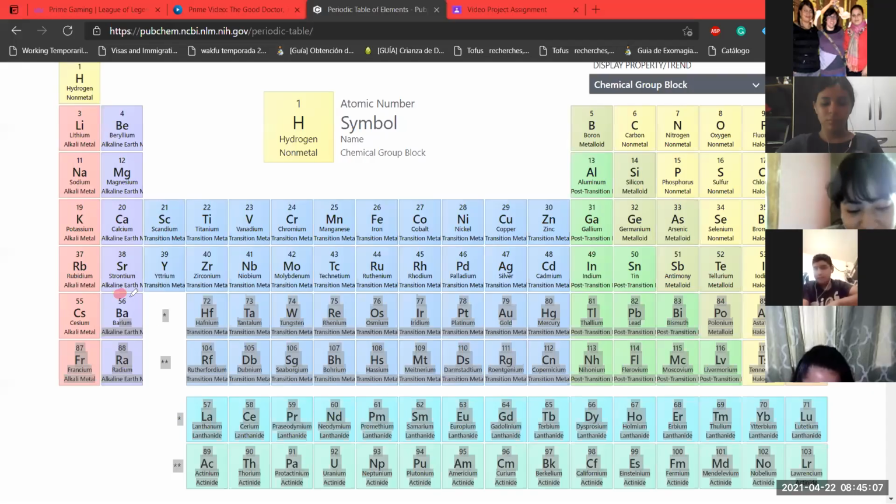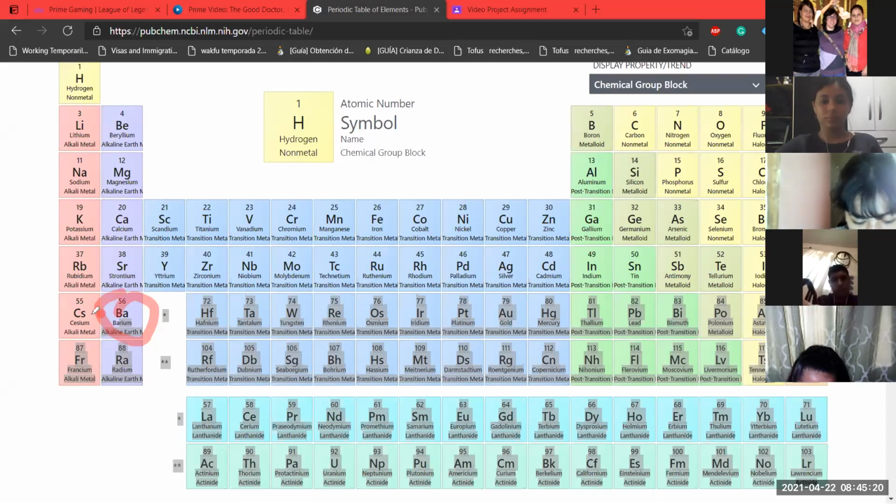Barium is right here in the position 56, and I'm going to look in the periodic table for the noble gas that is before.